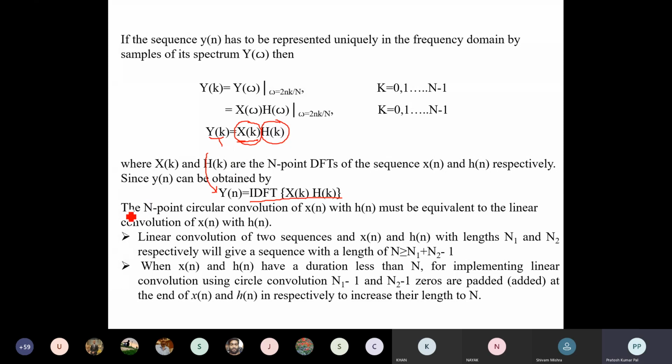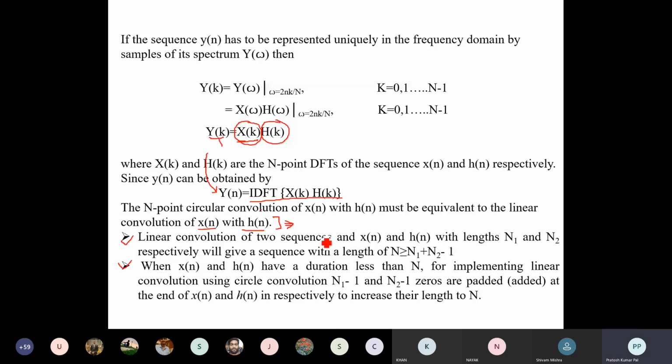An n-point circular convolution of x of n and h of n must be equivalent to a linear convolution of x of n with h of n. To have the circular convolution equivalent to a linear convolution, there are some rules that should be satisfied.